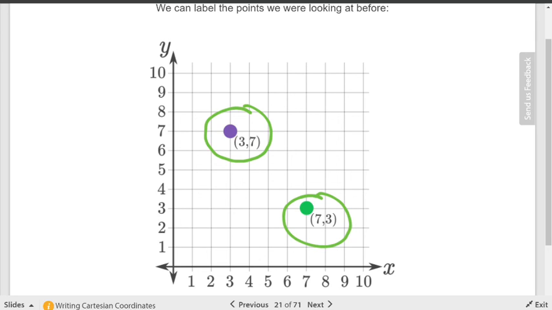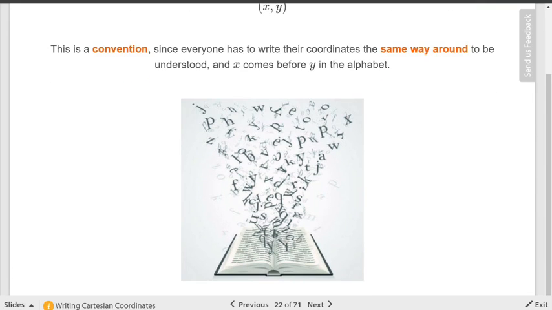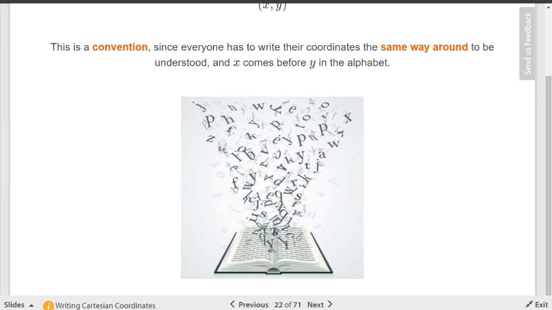The name of the line is the important part. But anytime that you're plotting points on a graph, you should name it with its ordered pair. All right? Are we happy with that? Okay. And the name is simply the ordered pair that you get. We always write which one first? The X first, then the Y.